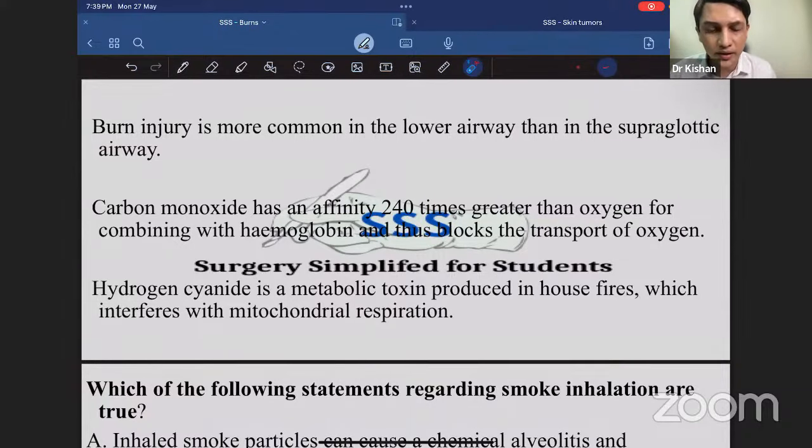Which enzyme? Can anyone say which enzyme cyanide affects? Please answer. Very good, Fatima. Cytochrome oxidase. Excellent. In surgery, we don't write all those things, but it is better to know, at least from an entrance exam point of view.